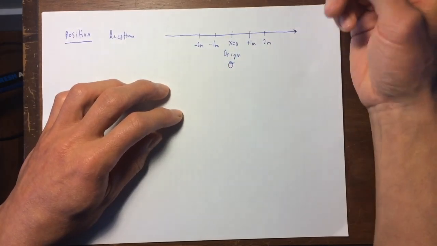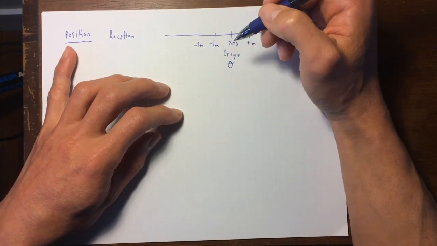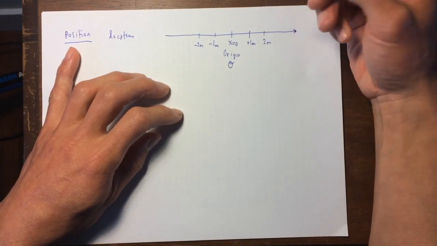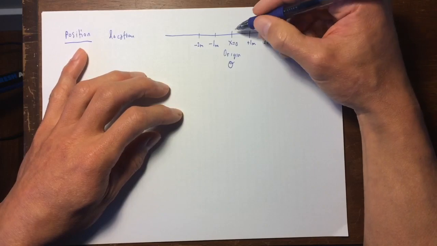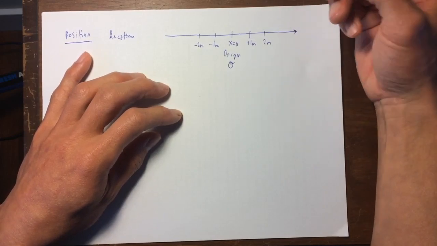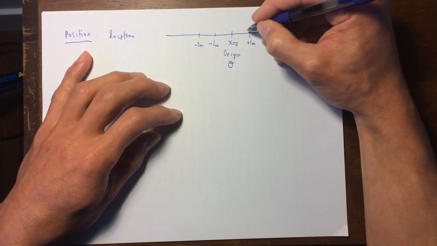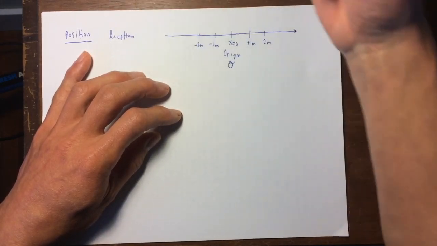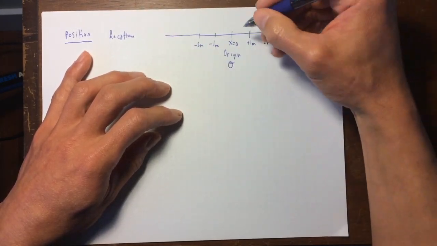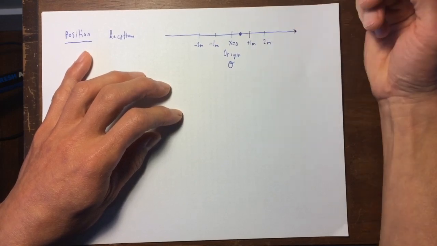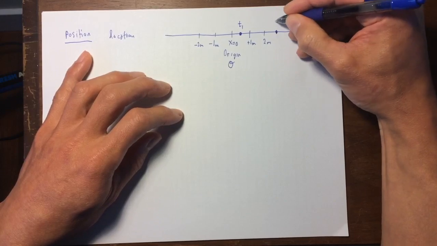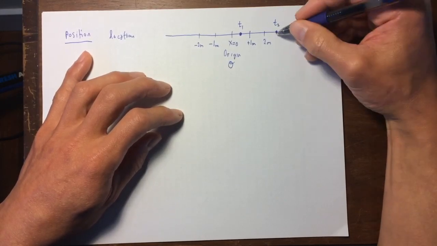So these are all particular positions. And if I had a little object traveling or having different locations at different instants in time, that object could be drawn on this long dimension, this one dimension. So I could say that the object is there at the time t1, and at the time t2 it's over here.